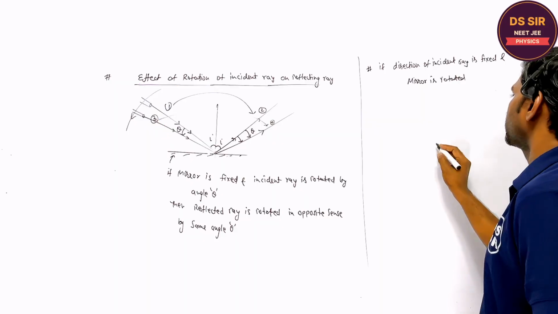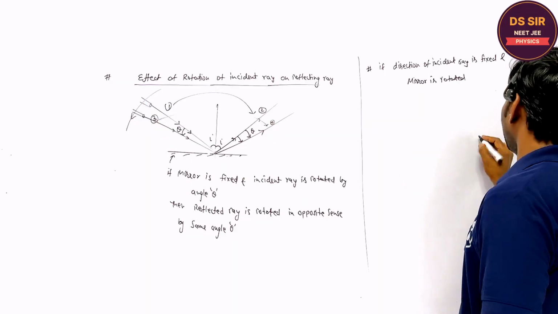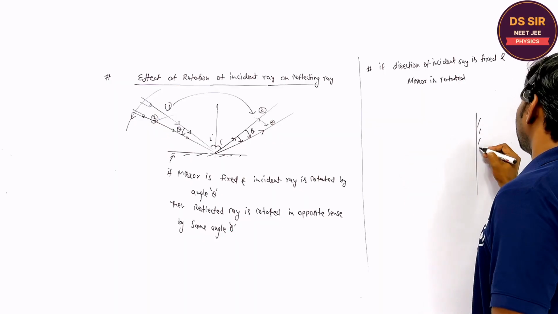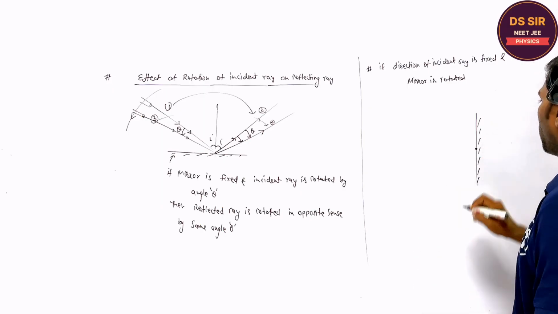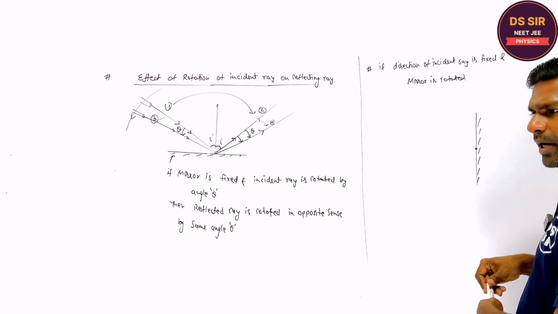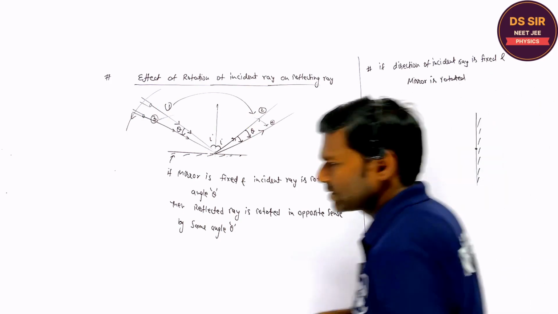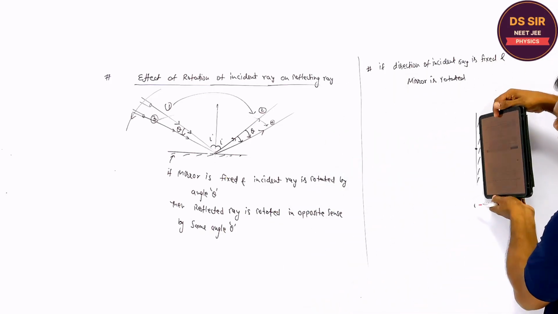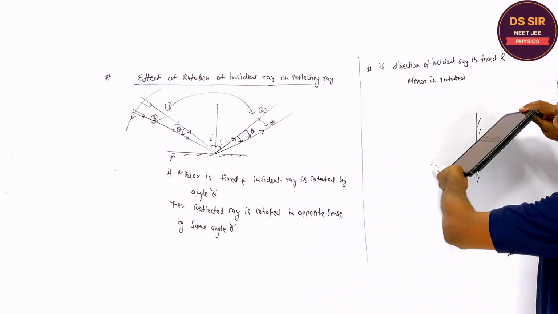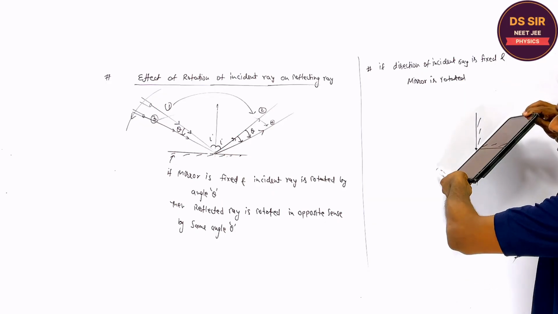For example, if this was the initial direction of the mirror, this is the point, and the mirror can be rotated about this axis, right? Suppose this is the mirror, and about this axis it can rotate like this. It can rotate. Is it clear?